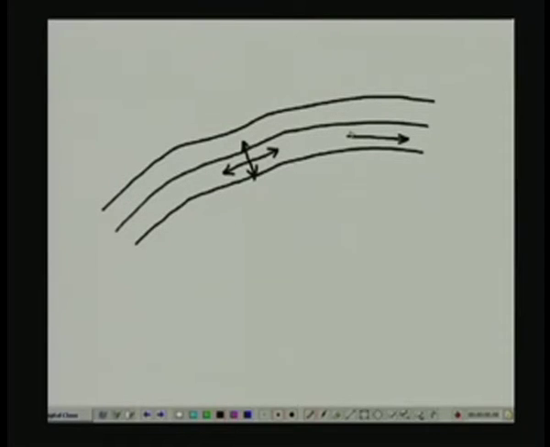Similarly, when we come near the right of this particular sketch, then the alignment of our principal planes is going to be like that, and consequently the alignment of the principal stresses is also going to be in that manner. So, principal stresses typically follow the topography, and they typically follow the pattern of the bedding planes.